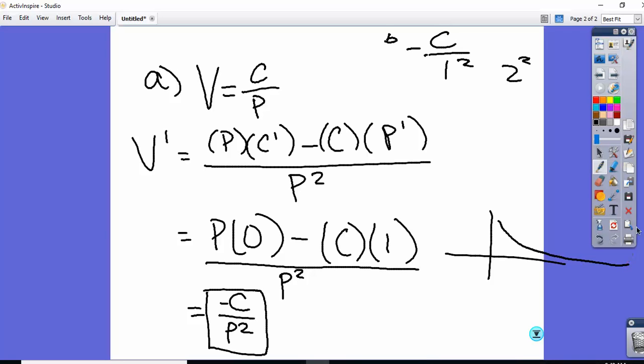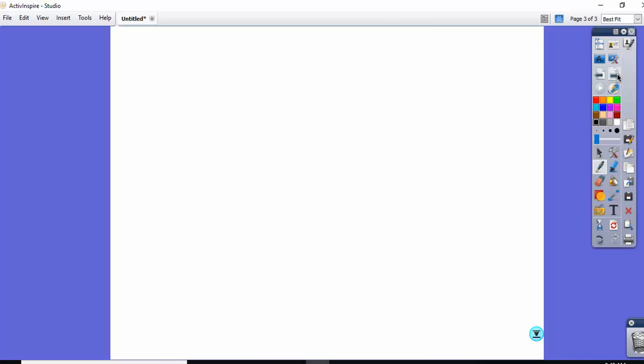Economics. So the first part, you just find the derivative. So this one gave us a cost function, asked for marginal cost.